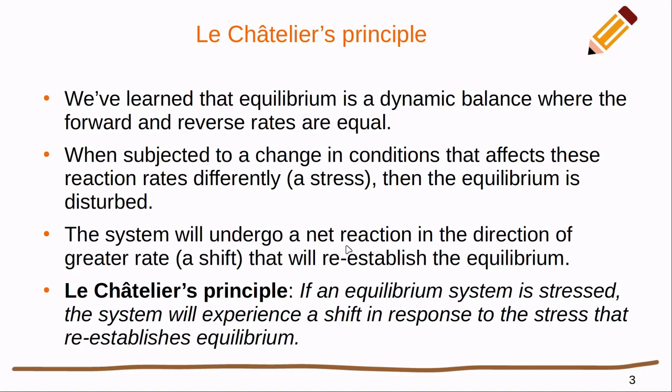The system will undergo a net reaction in the direction of the greater rate, a shift, that will reestablish the equilibrium. And that leads us to Le Châtelier's principle. If an equilibrium system is stressed, the system will experience a shift in response to that stress that reestablishes the equilibrium.